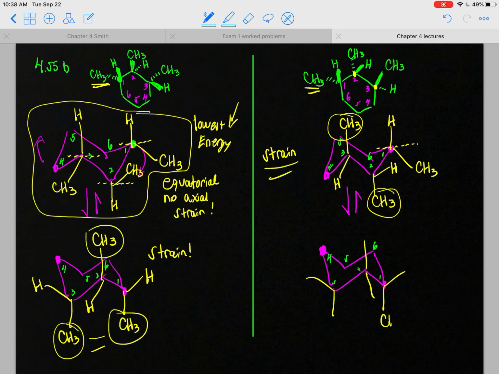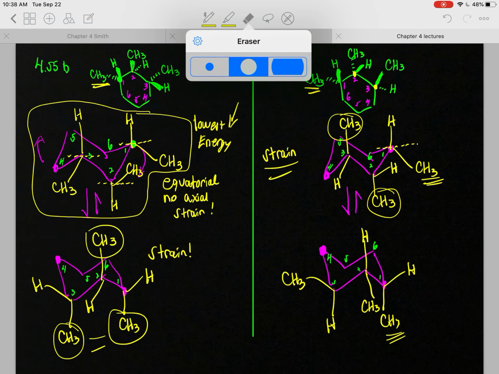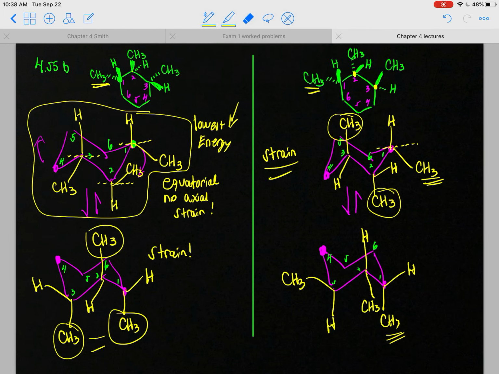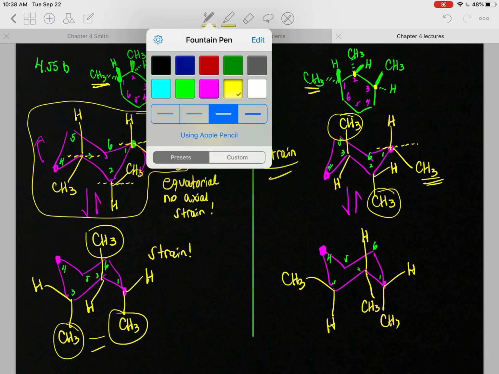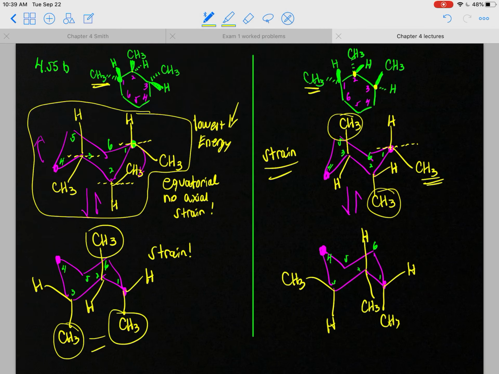Now, when we do the chair flip, remember equatorial changes to axial for each of those carbons. So here's an equatorial, it changes to an axial. Carbon 2, the axial methyl group changes to equatorial. Carbon 3, the axial methyl group changes to an equatorial methyl group. And so let's remove that there.